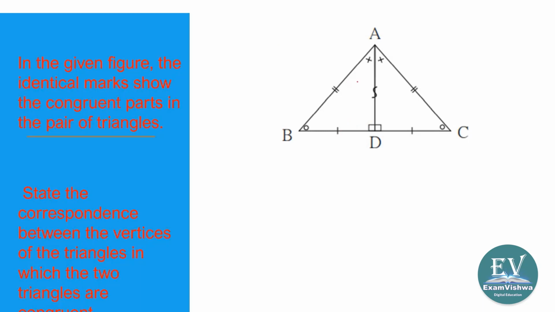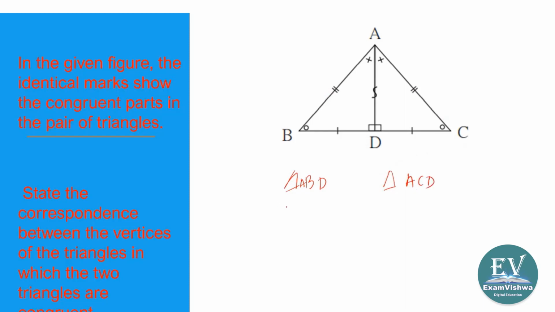So my dear students, congruence and correspondence of two triangles go together. For example, in this case, if you name the triangle ABD, then you should name the other triangle as triangle ACD. No other way left.